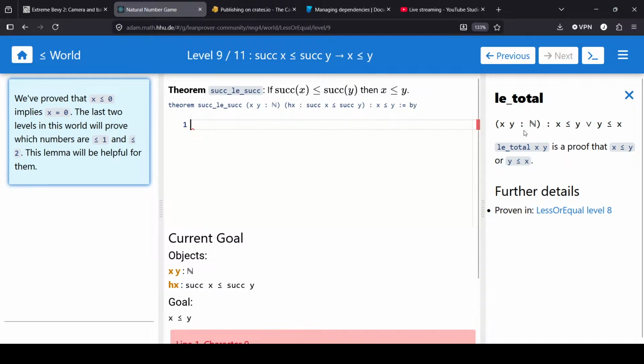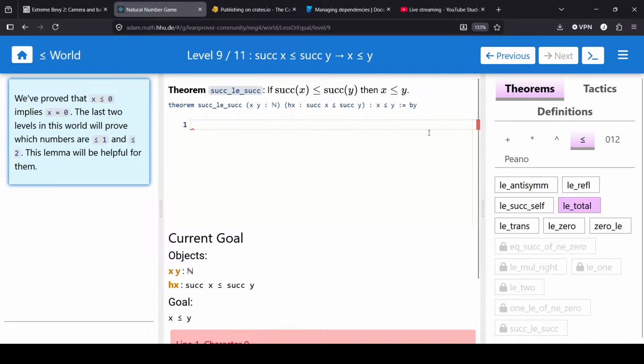This does not seem like this is helpful. That's x less than or equal to y, or y is less than or equal to x. Yeah, no, I don't think that's helpful here.